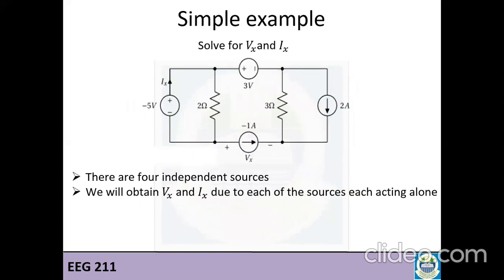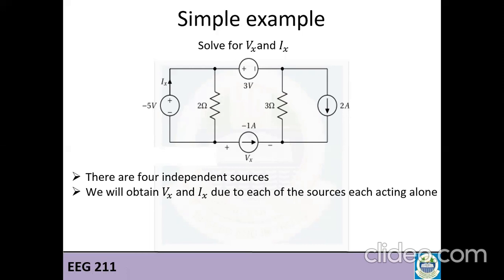Let's try to solve this example in this circuit. In this circuit, there are four independent sources: minus 5 volts and 3 volts, which are independent voltage sources, whereas minus 1 amp and 2 amps are independent current sources.